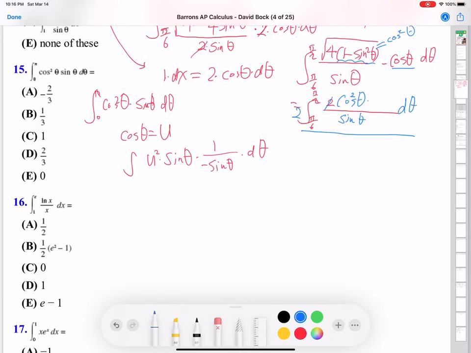If theta is 0, what is u? Cosine 0 is 1, right? That's 1. What about pi? If theta is pi, cosine pi is negative 1. That is from 1 to negative 1. I'll cross out sine theta first, and then this negative 1 goes to front.